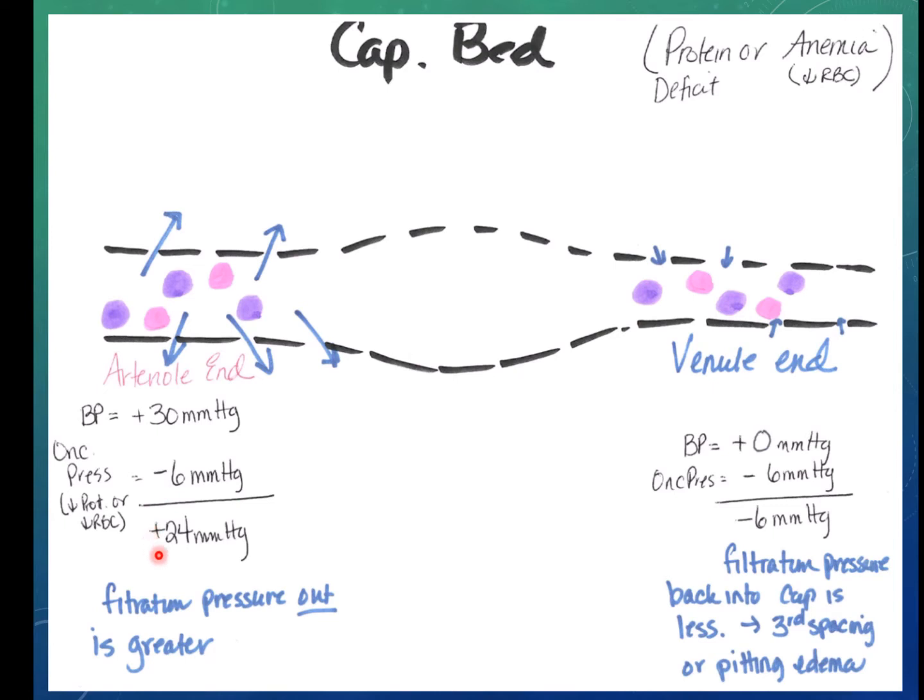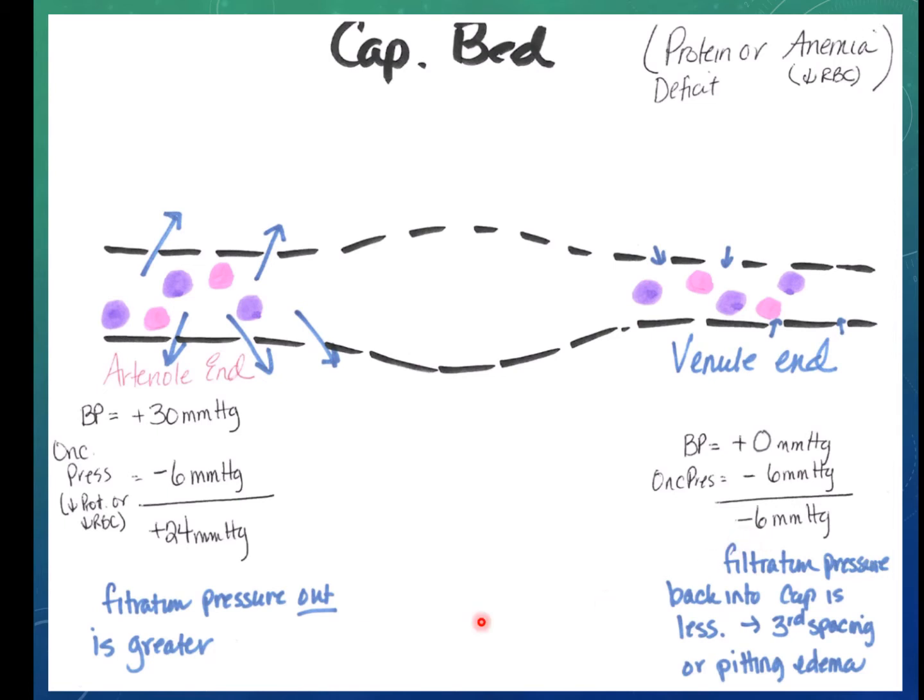So what you're seeing is more fluid goes out on the arterial end because of this deficit of protein or red blood cells, okay? But now on the venous end, since the colloids stay the same, that means we still only have a negative 6 pulling it back in.